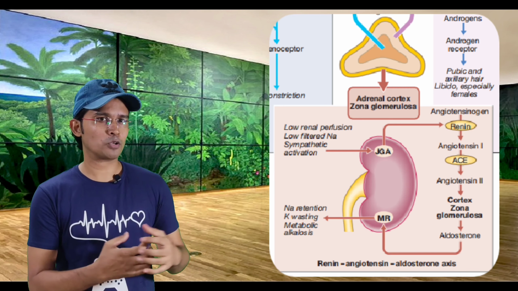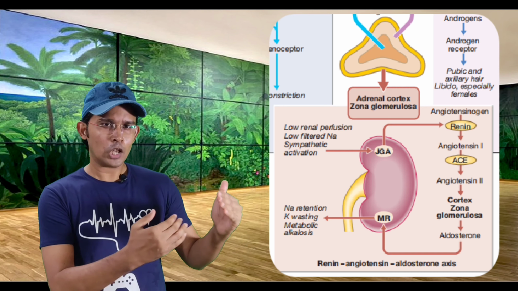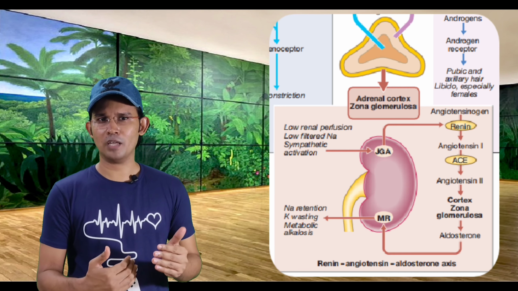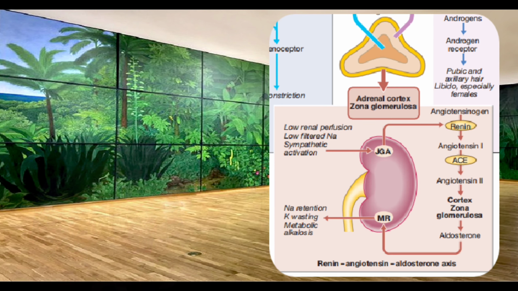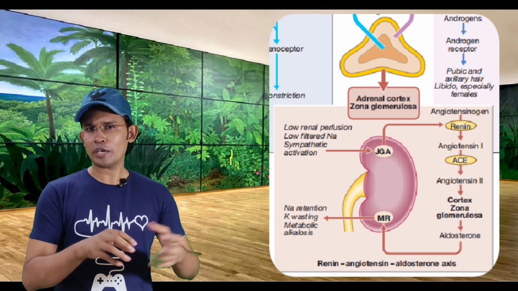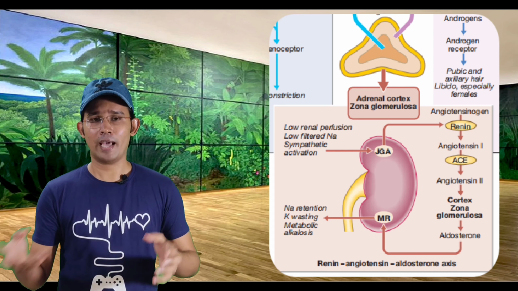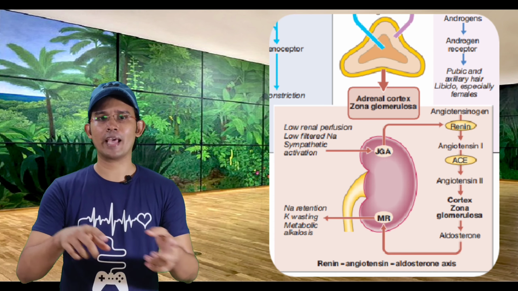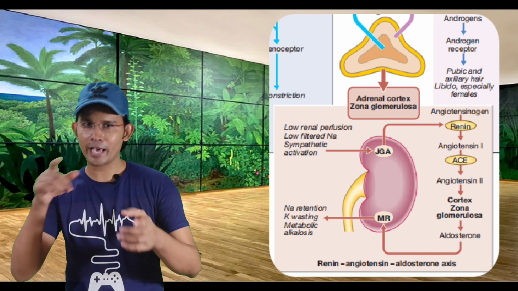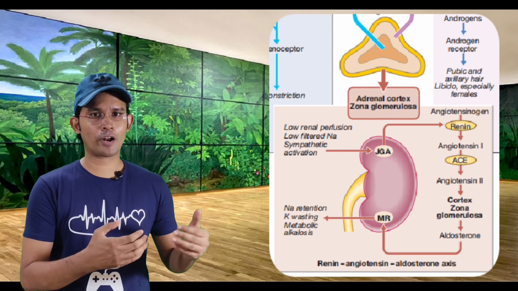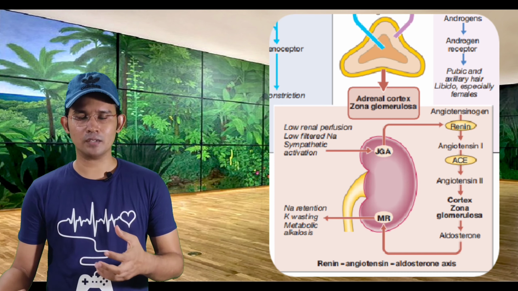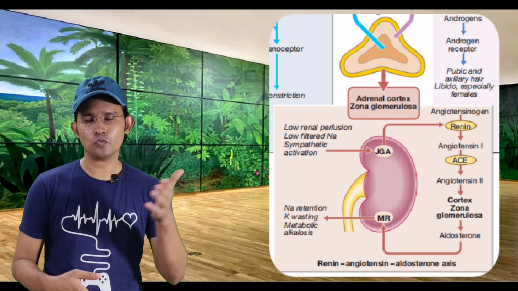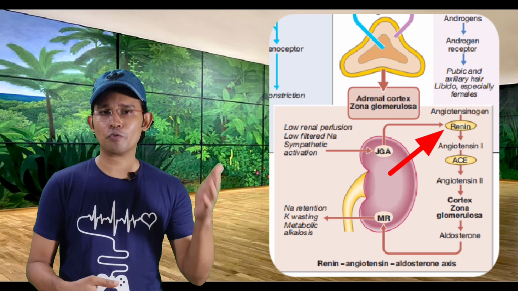Now, if we think about the kidneys, low renal perfusion, low filtered sodium, and sympathetic stimulation lead to increased renin secretion, which goes to the renin angiotensin aldosterone axis. After secretion of renin into the circulation, angiotensinogen is converted to angiotensin 1 with the help of renin.